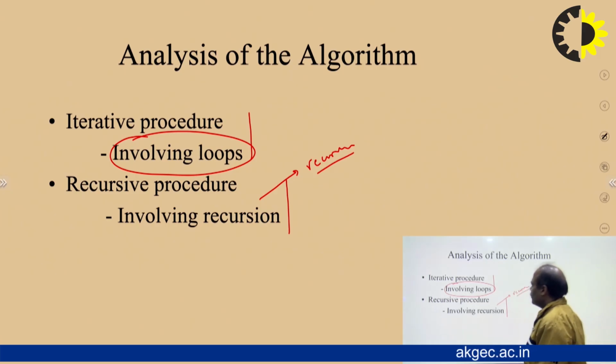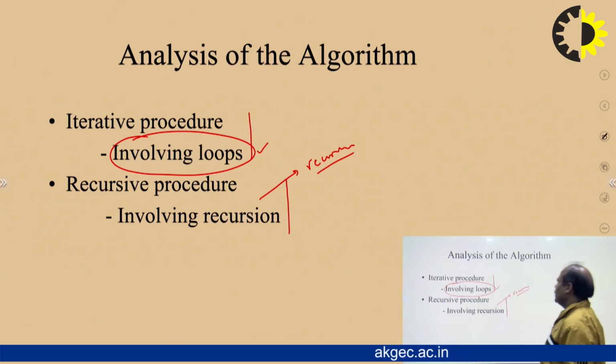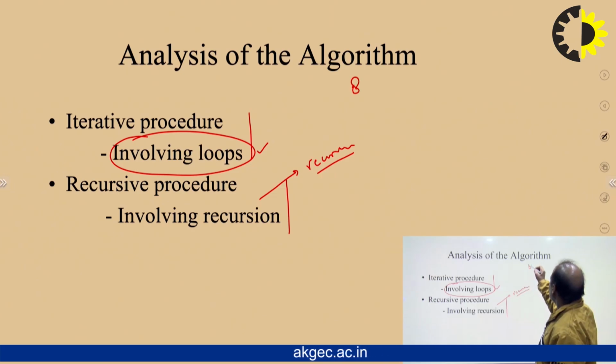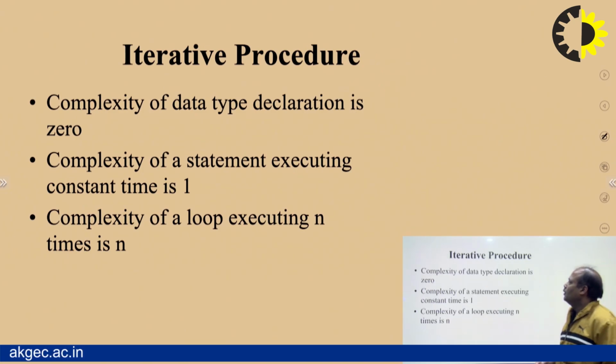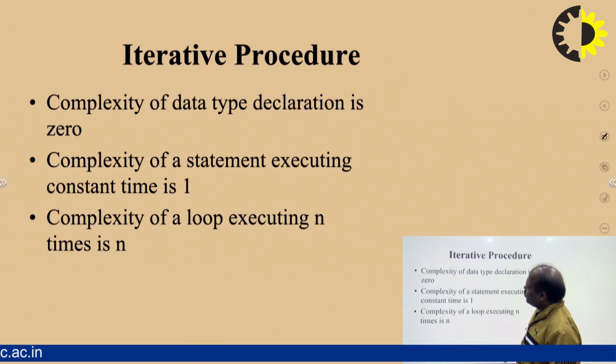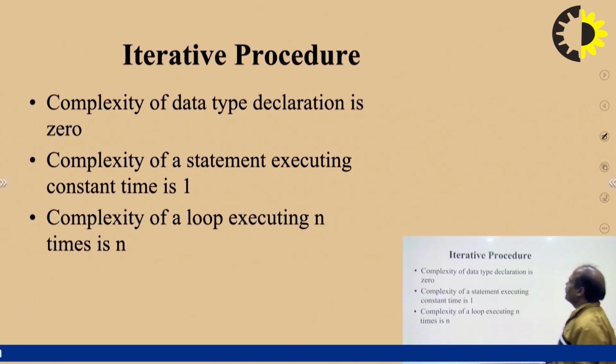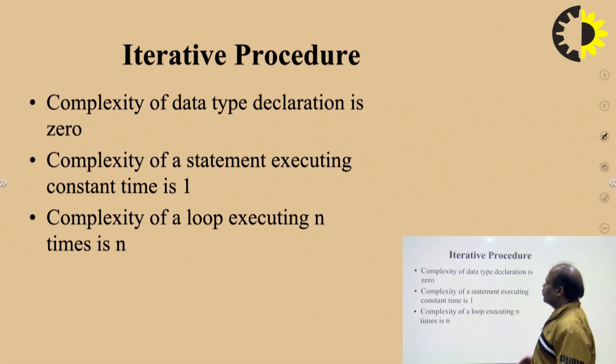We are going to discuss the iterative procedure involving loops. We are interested in loops because of the 80-20 rule in compiler theory, which suggests that 80% of computer time is spent in loops and 20% in the rest of the work. So there are some rules to compute the time of an iterative procedure.